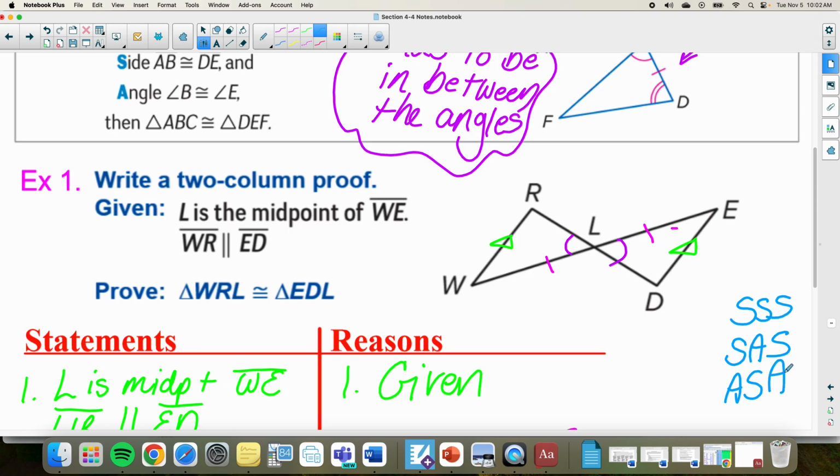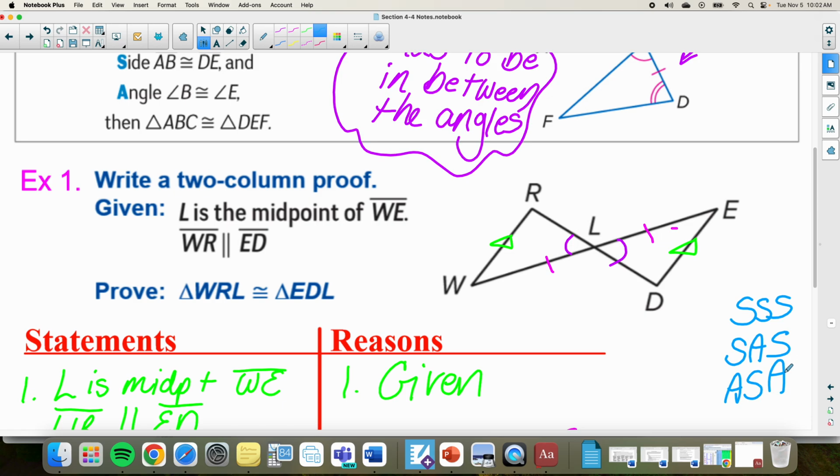Okay? When you have angles involved, that tells you right there that it can't be side, side, side because we have angles involved, okay? We still have to use our parallel lines, and we talked about when you have parallel lines, you want to look for alternate interior angles, okay?